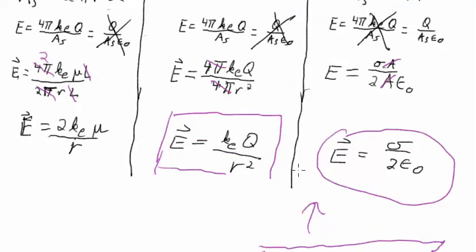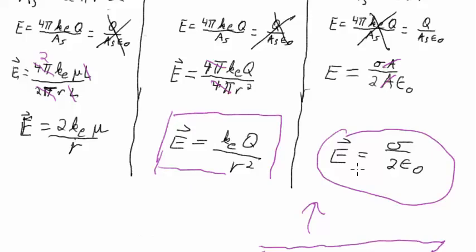Either that flat plane begins to look like a point, or it keeps looking like a flat plane. If the flat plane gets so far away that it begins to occupy a small space in your view, then the equation for the electric field will start to be more like this one, called Coulomb's law.